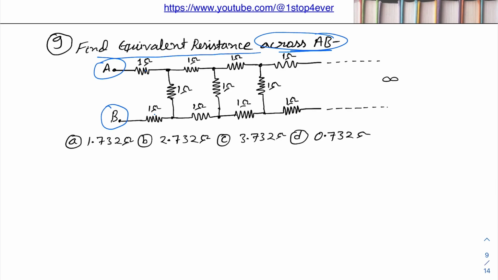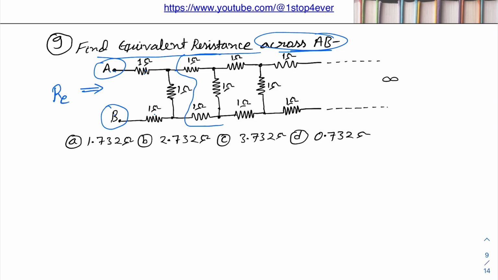Now in this, the concept is that we will use symmetry. Here we can see from A, this is 1 ohm, and from this point also 1 ohm, which means this point and this point are connected in the same manner. Suppose from A to B we have assumed the resistance is R equivalent.